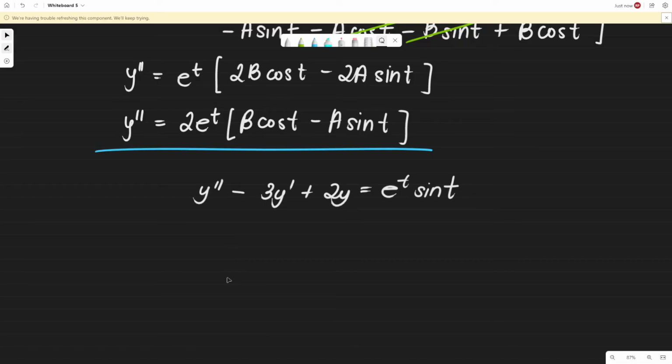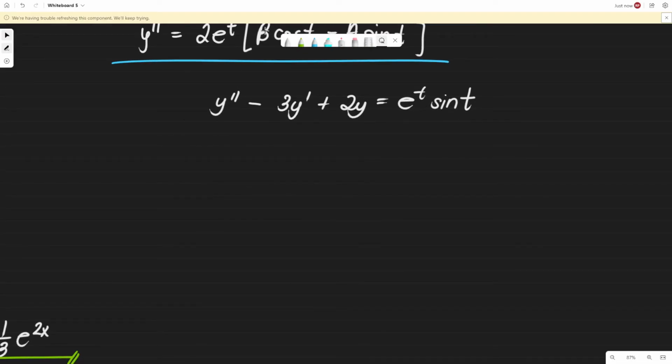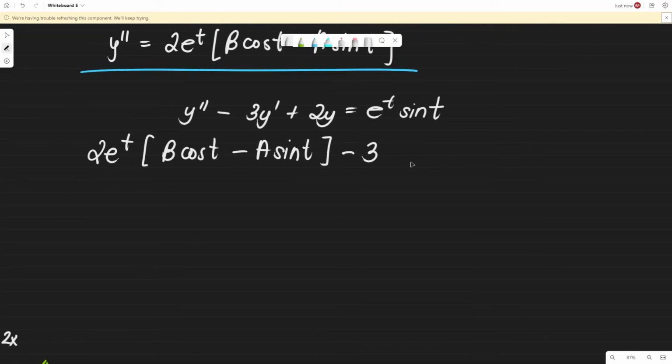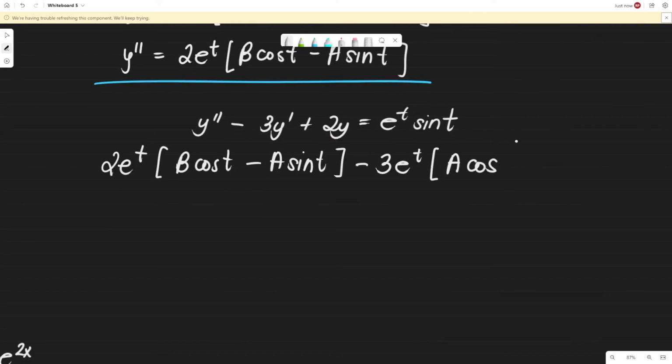Yan. So, sa substitute natin ngayon yung mga nakuha natin dito. So, we have here 2e^t, b cos t minus a sin t minus 3. So, ano yung y prime natin? So, our y prime is e^t. So, this is 3e^t and a cos t minus a sin t.